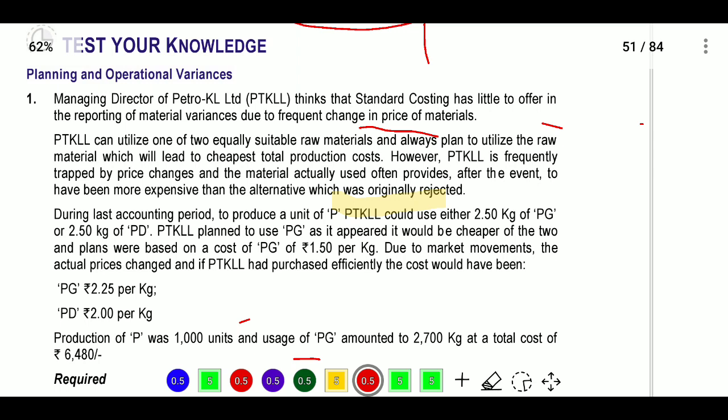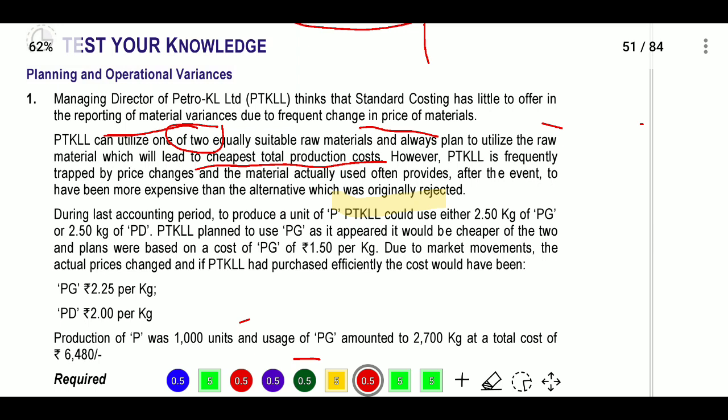He is reporting material variances due to frequent change in price of materials. PTKL can utilize one of two equally suitable raw materials, so it has an option for purchasing, and always plans to utilize the raw material which will lead to the cheapest total production cost.